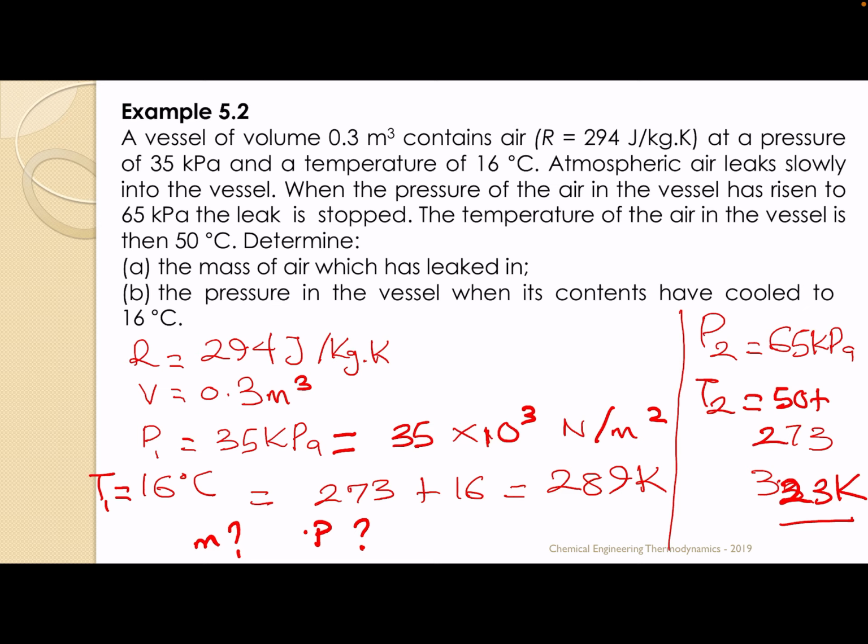From what we've seen, it is evident we have two P's and two V's. So from there, we can start by saying P1 V1, using the same formula we used earlier on, equals m1 R T1. Remember, R is a constant. So even when we have P2 V2, the R will still remain the same.